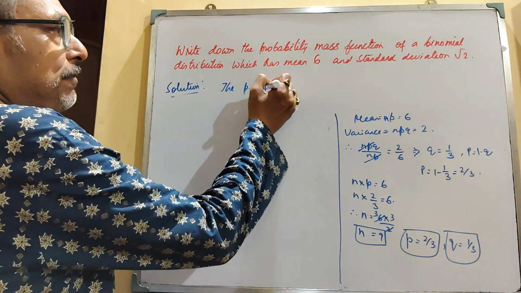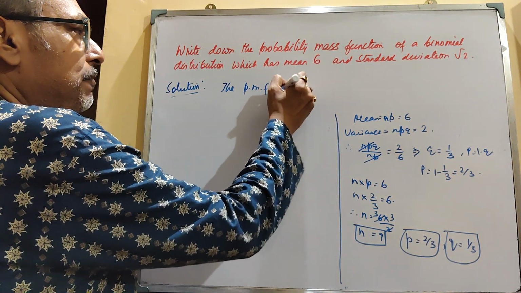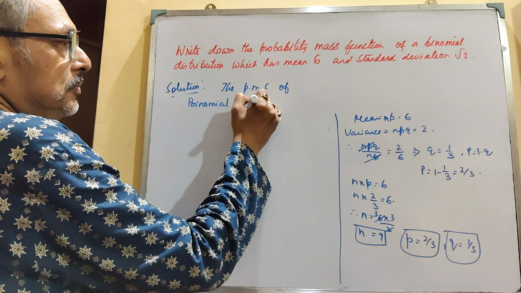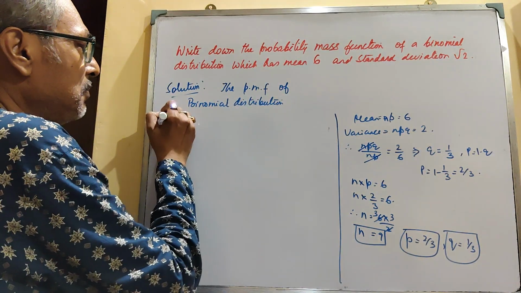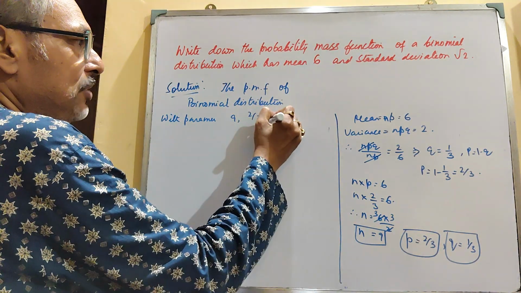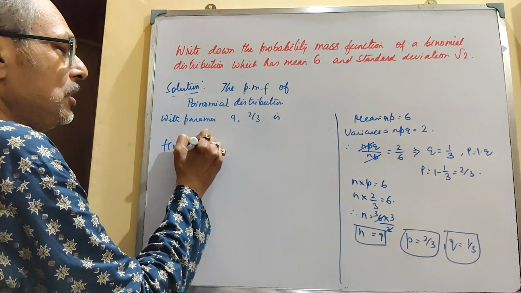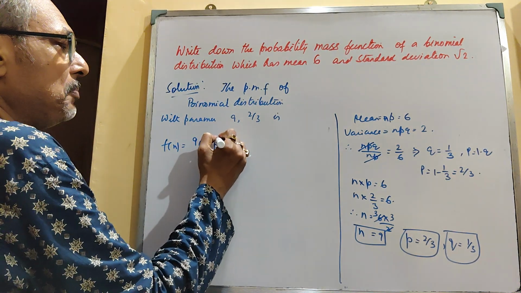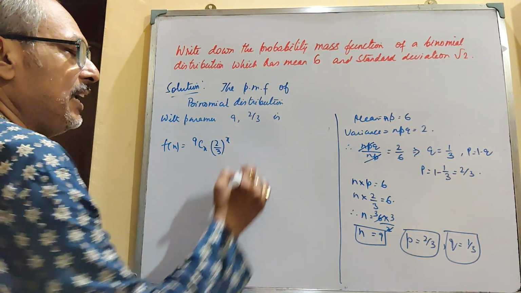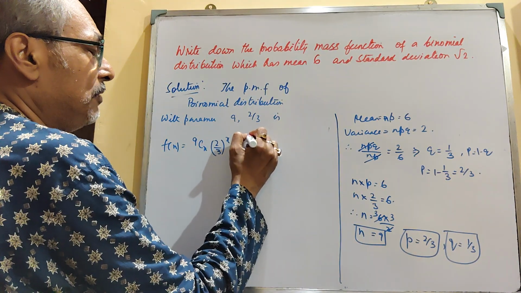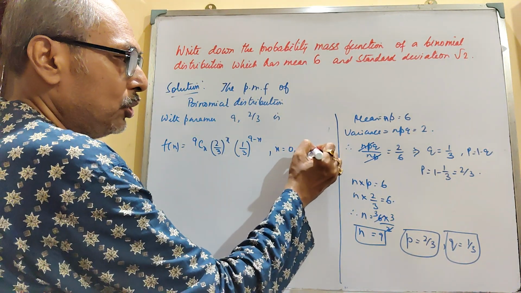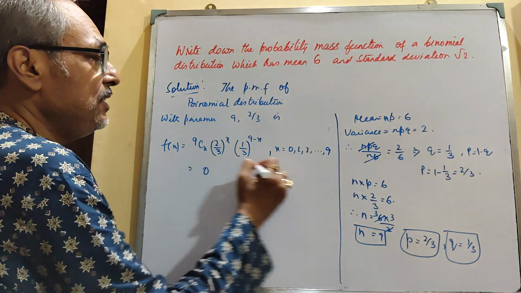The PMF of a binomial distribution with parameters 9 comma 2 by 3 is f of x equals 9Cx into (2 by 3) whole to the power x into (1 by 3) whole to the power 9 minus x, for x is 0, 1, 2, up to 9, and 0 otherwise.